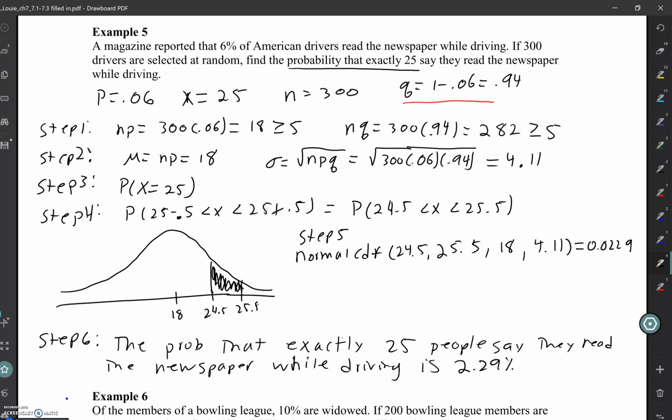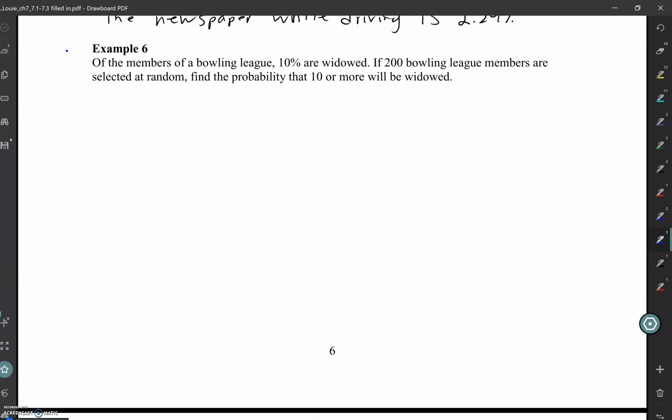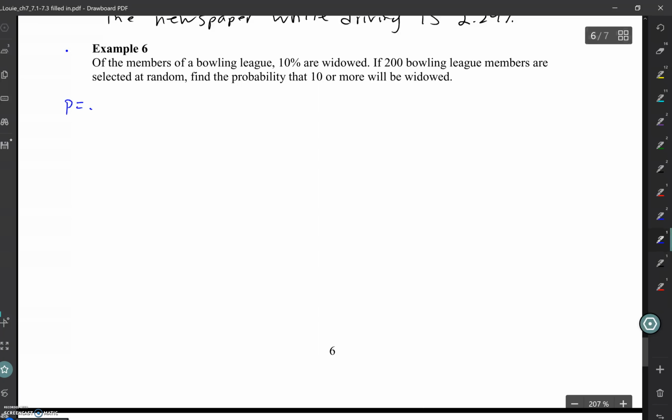Other questions? Yes. Of a bowling league, 10% are widowed. If 200 bowling league members are selected at random, find the probability that 10 or more will be widowed. Real happy topic. All right, what can we identify? P is 0.1.